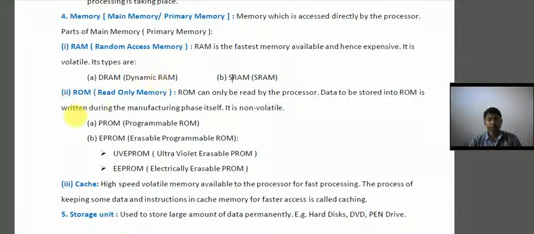The next is ROM, read only memory. ROM can only be read by the processor. The data to be stored in ROM is written during the manufacturing phase itself. It is non-volatile.